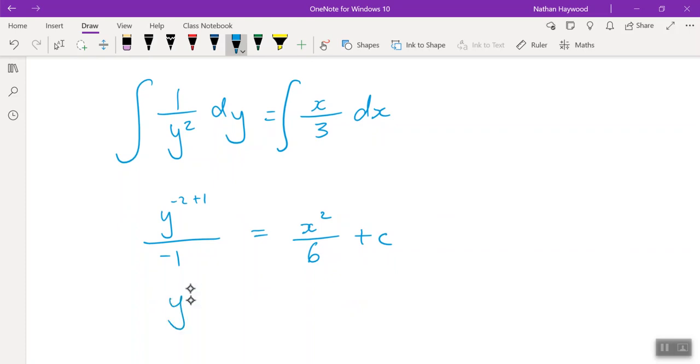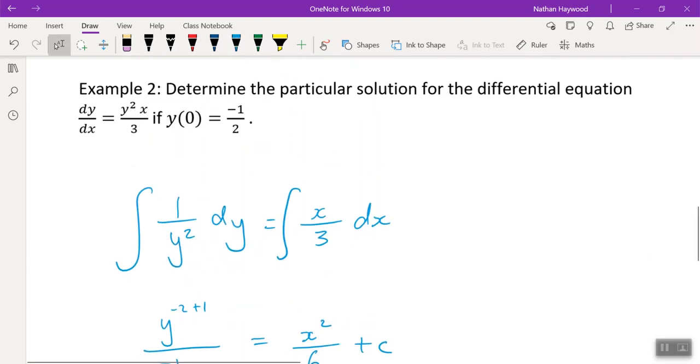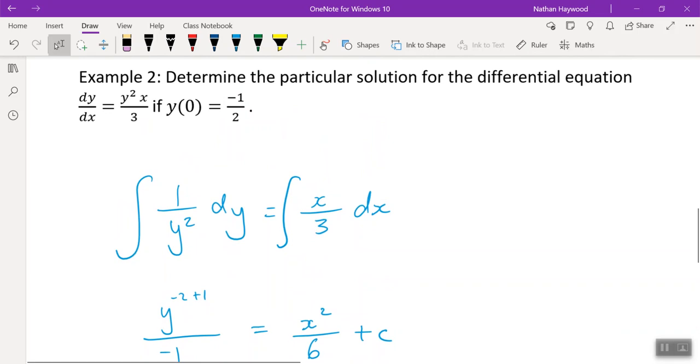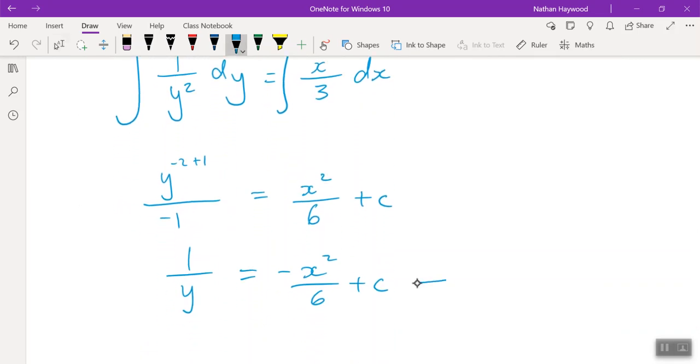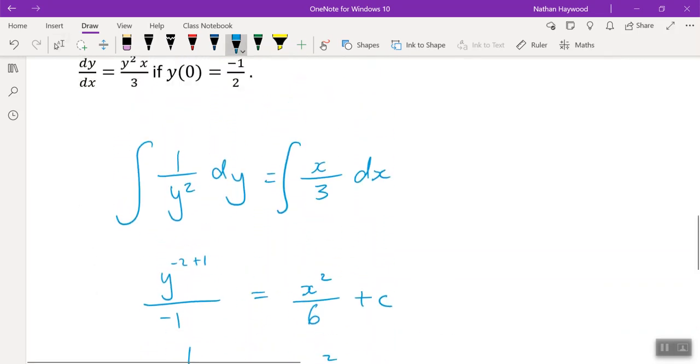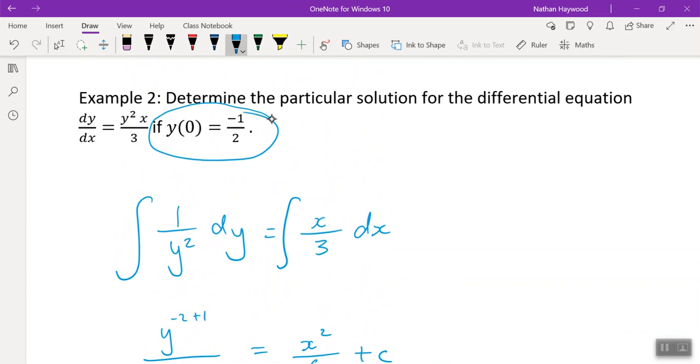So this is now 1 over y equal to... So what I was trying to describe last time is when you get to this point, you can actually sub in this.